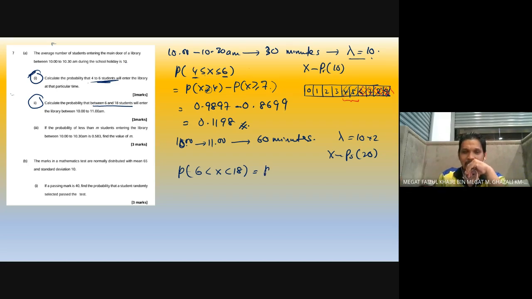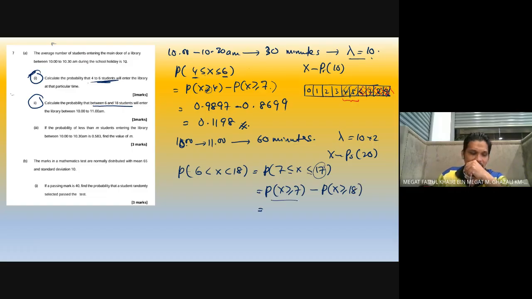So then here now, thank you very much for your feedback. It is now actually between, after greater than 6. So after 6, 7, and less than 18, 17. So now this is probability of x greater than or equal to 7 minus probability of x greater than or equal to, again this includes 17, so after 17, 18.